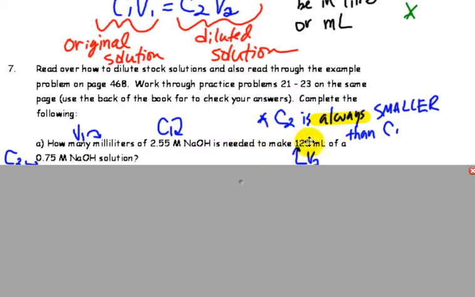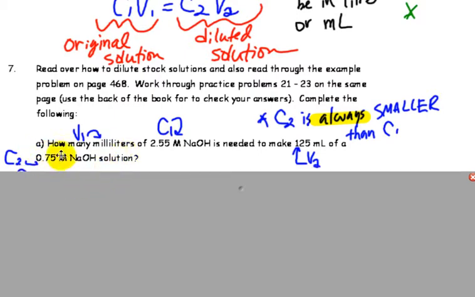So "needed to make" implies that this is the solution you're making. You're diluting it into this. You're starting out with this, and then you're making this. Also, another indicator here is that your C1 is going to be bigger than your C2 because, once again, it's diluted. C2 is always smaller than C1.